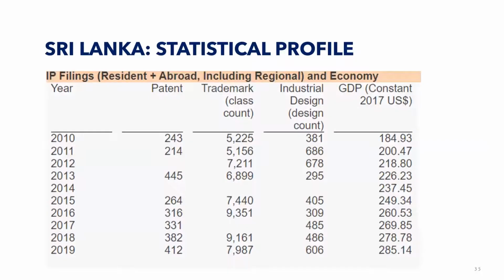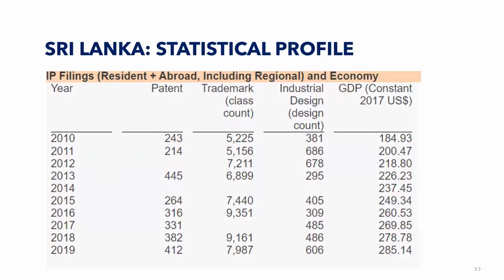Right. So these are the Sri Lankan statistics. You can see all the way from 2010 to 2019 the three general, broadly speaking, registered intellectual property types: patents, trademarks, and industrial designs. You can really see the numbers.